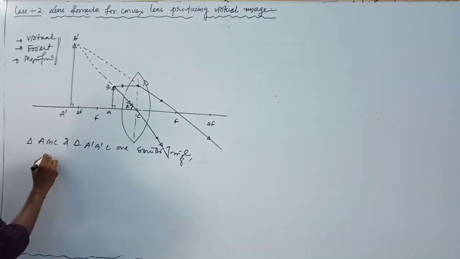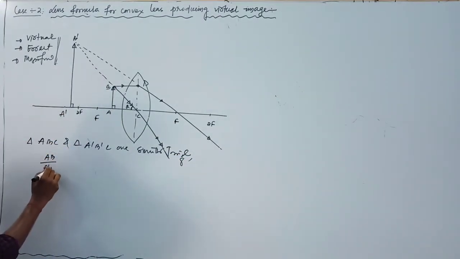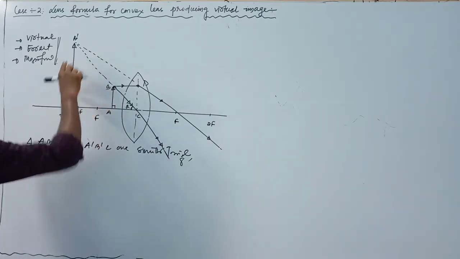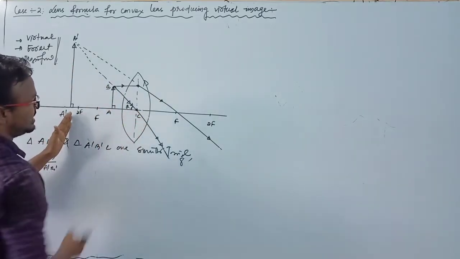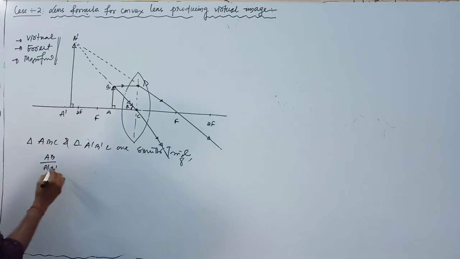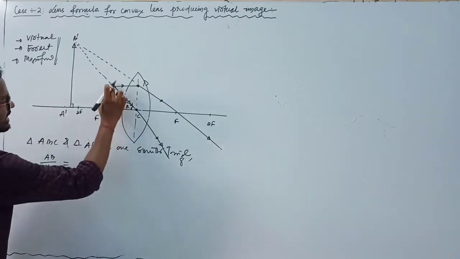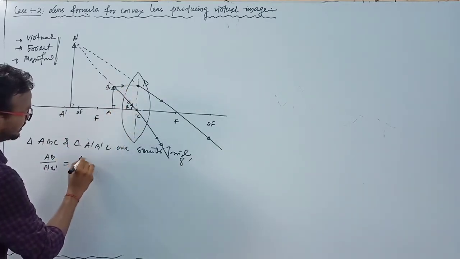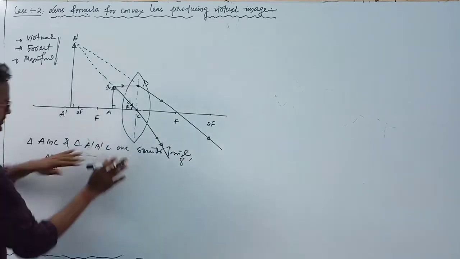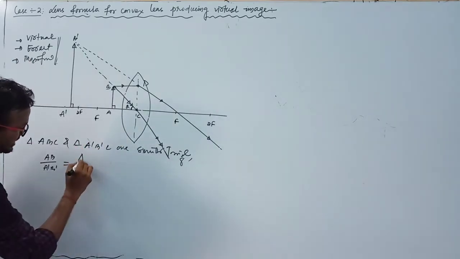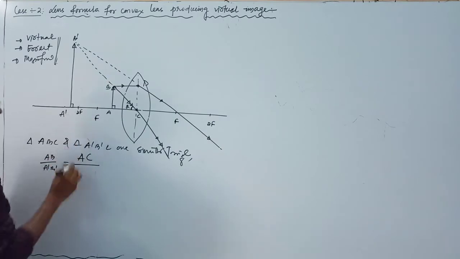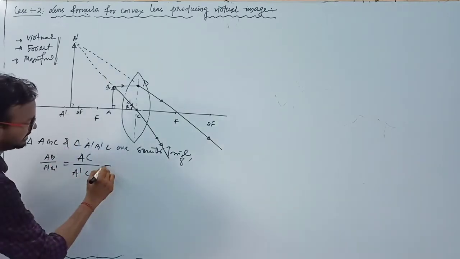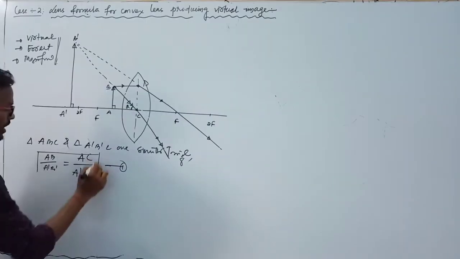So we can write AB divided by A'B', because this C is a common point, equal to the distance AC divided by A'C. This is equation number 1.